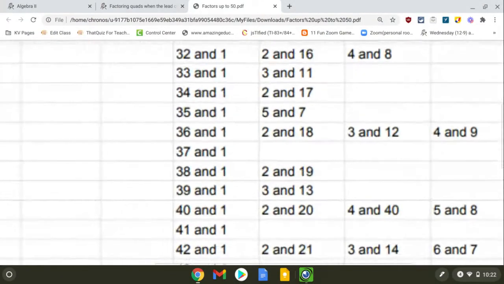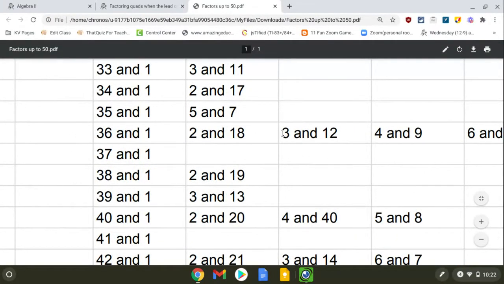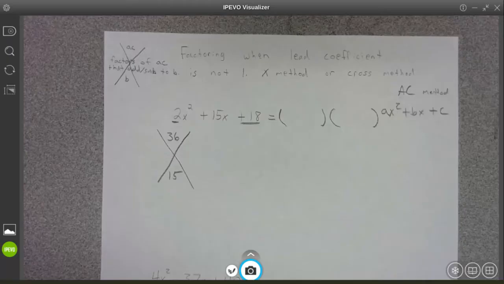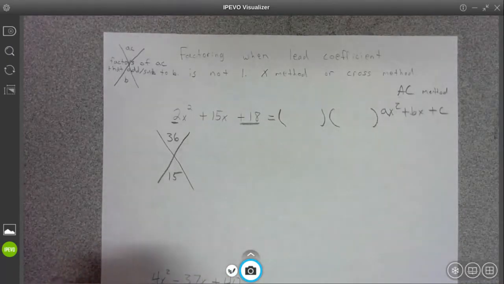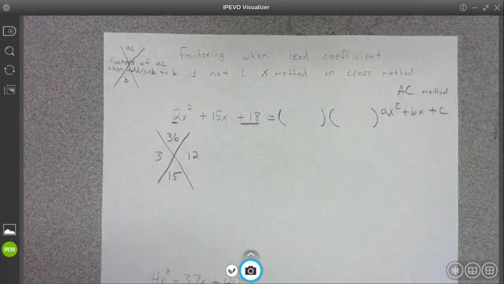Okay, 36, 3 and 12. They multiply to 36 and they add up to 15. So I'm going to put a 3 and a 12 here. It doesn't matter which one.